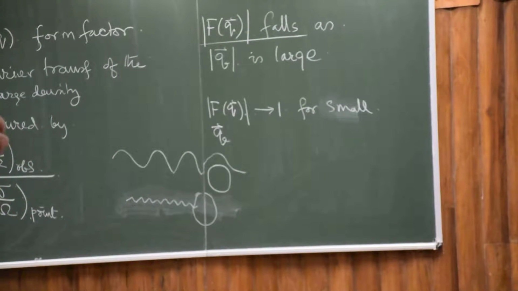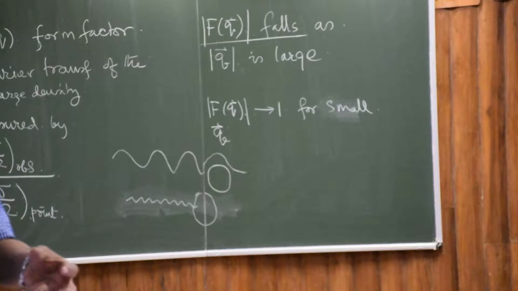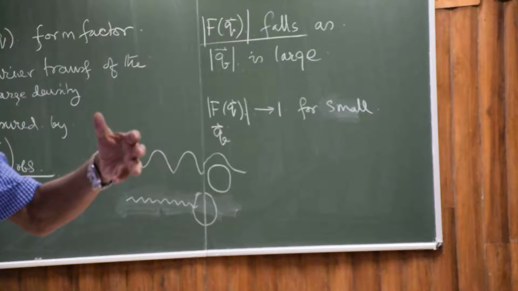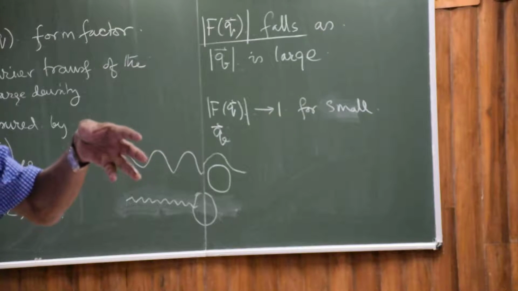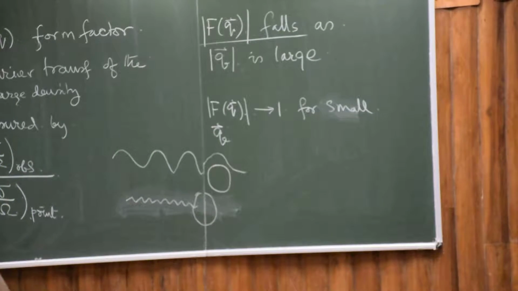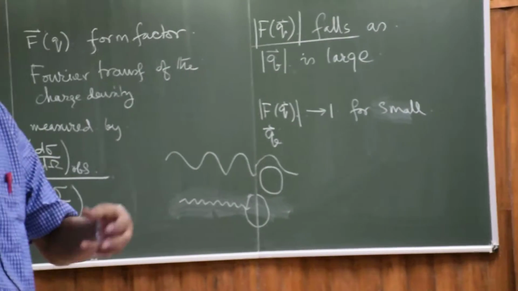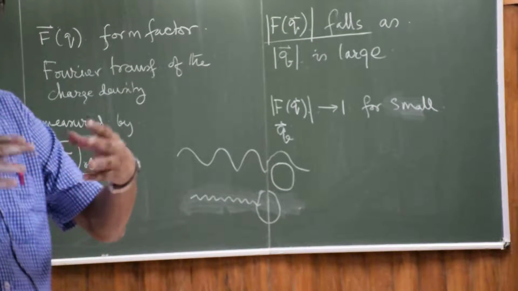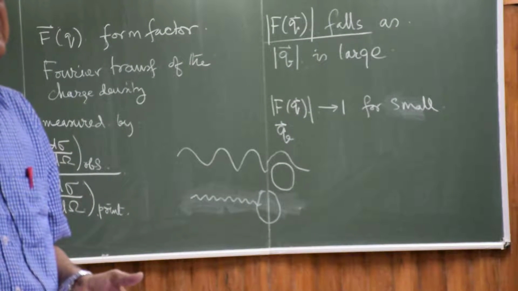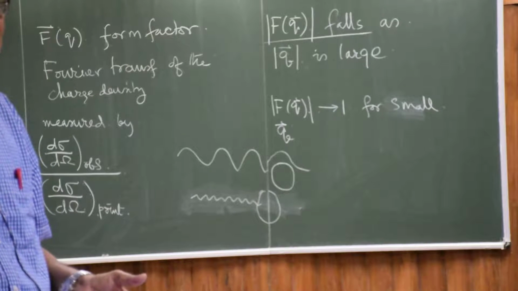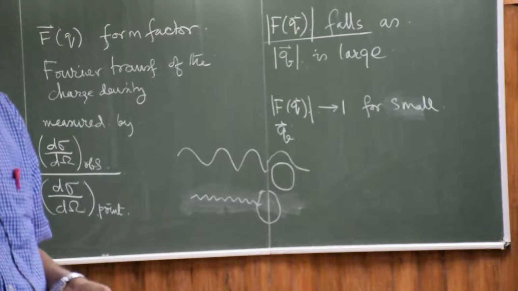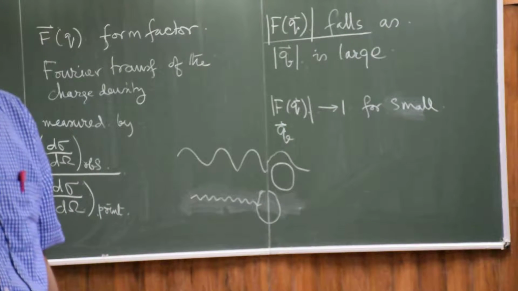The fall in the form factor represents the fact that at large q, your photon is not seeing, so to say, the whole charge of the scattering center, the extended charge distribution, and therefore you are getting a smaller cross section.